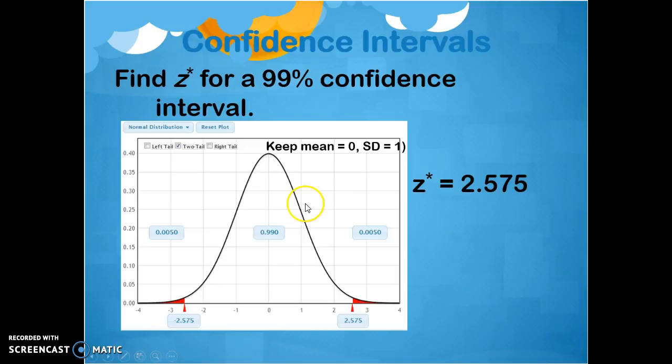In order to find the right z for 99% confidence, I just say, show me where on this distribution 99% of my values are captured on the normal distribution. Well, for the normal distribution with a mean of 0 and a standard deviation of 1, 99% of this distribution is captured by going plus or minus 2.575.